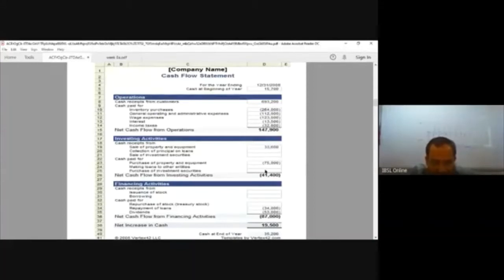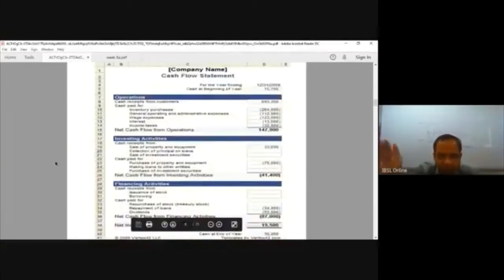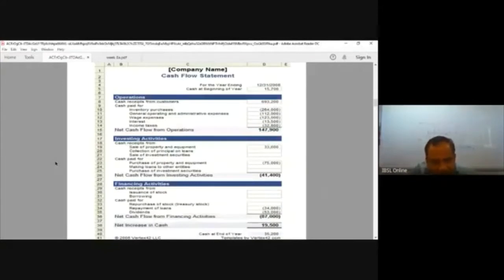Net cash flow from operation is a plus. And then you look at the financing activities. In financing activities, like what we looked at in fundraising, there are different ways of financing. Cash received from issuance of equity stock, so cash came in. We borrow from the bank, from intercompanies, from the market, whatever.